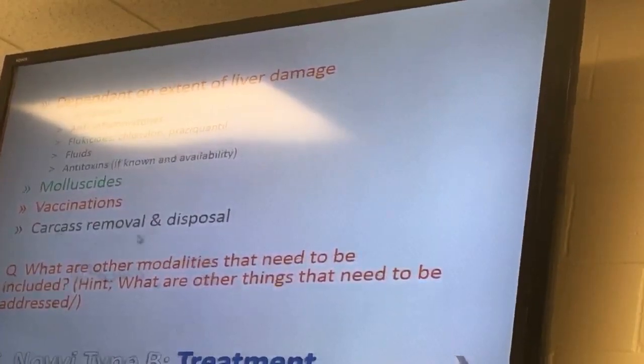Then anything that dies, you want to remove it immediately and dispose of, usually by burning. But some people will bury them in lined pits. Problem with that is what?